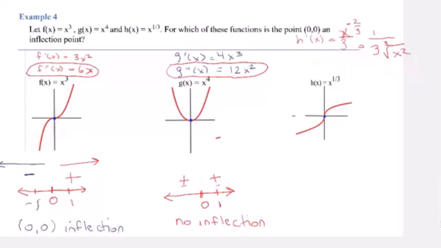My second derivative, well, I have this 1/3 times, I'm going to use this part of the function to take my derivative because it's easier. I just subtract 1. So I have x to the -5/3. -2/3 minus 1 is -2/3 minus 3/3 equals -5/3.